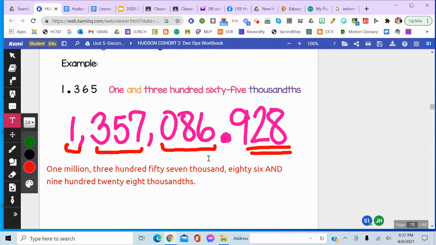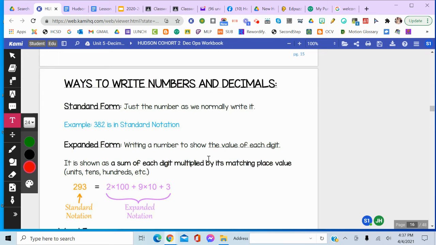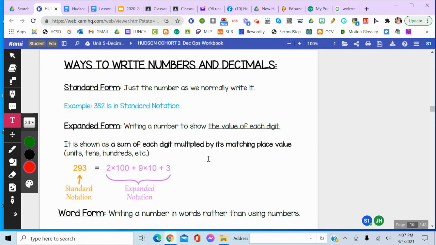All right, so on the next page, again, this is just a reminder of how you normally can write decimals. Standard form is just a number. So whenever you hear standard form, they just want number form. Number form is another way of saying standard form. Expanded form, we don't really do too much in 6th grade.